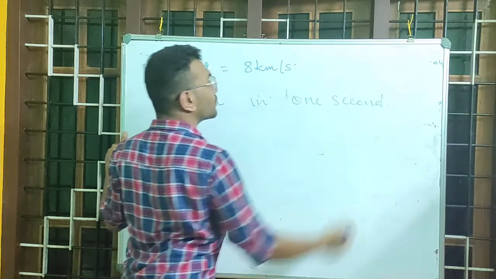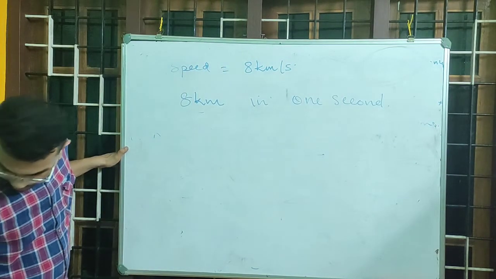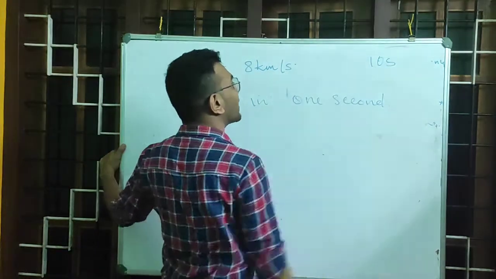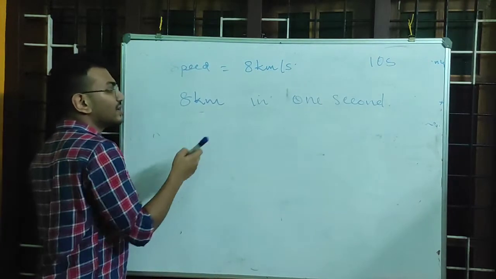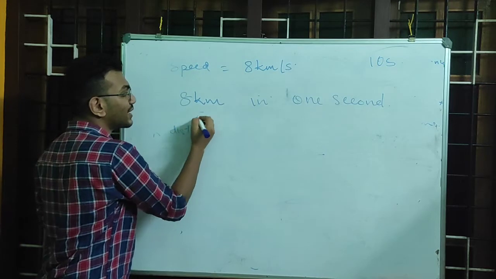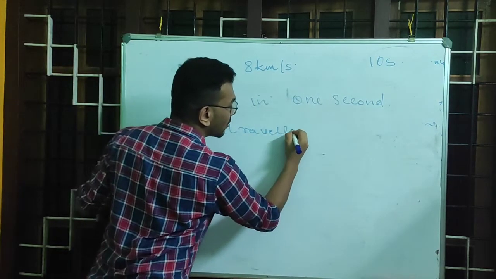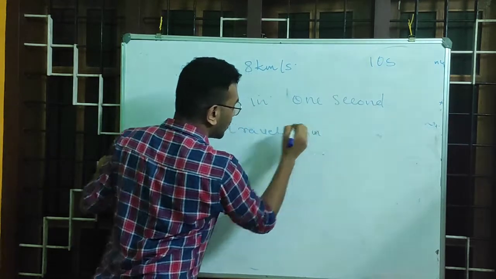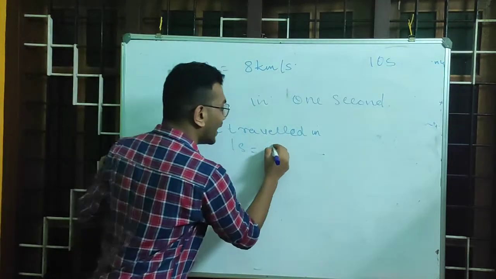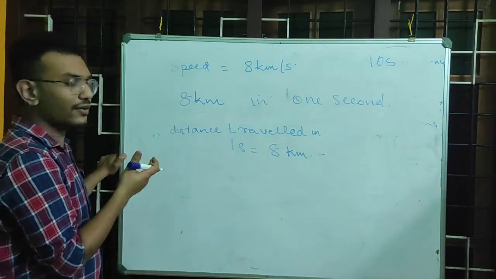And it is asked to find the distance travelled in 10 seconds. So what is the distance that travels in 1 second? What is the distance travelled in 1 second? It is 8 km. We got it from the speed, right?